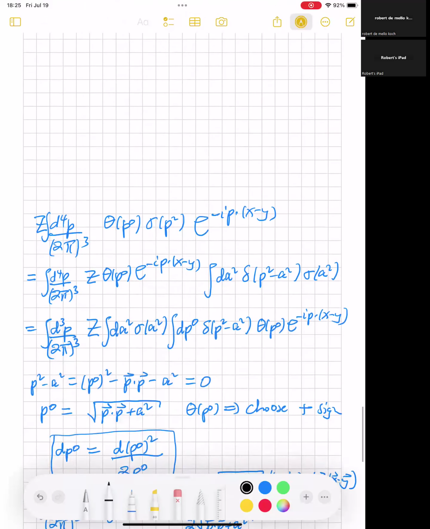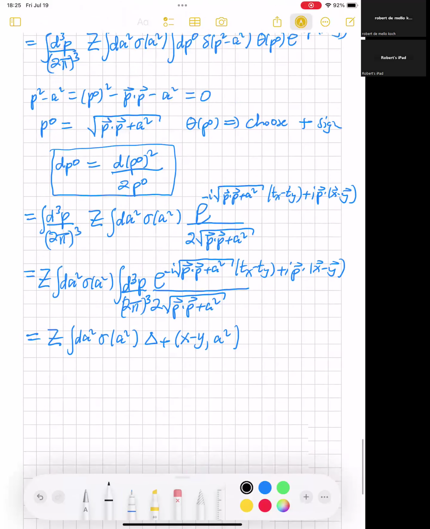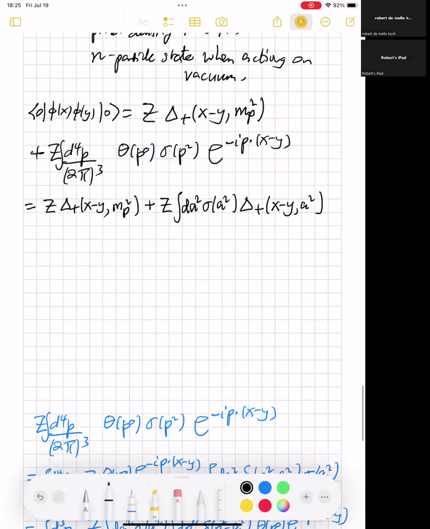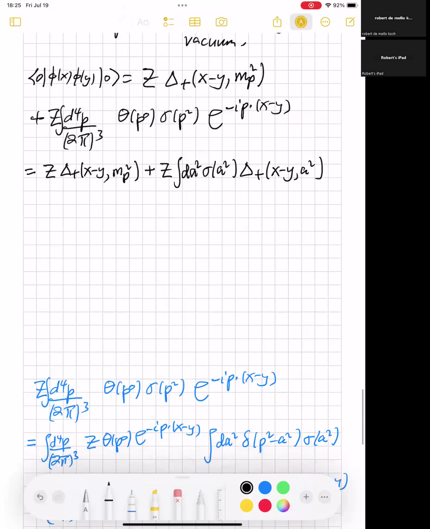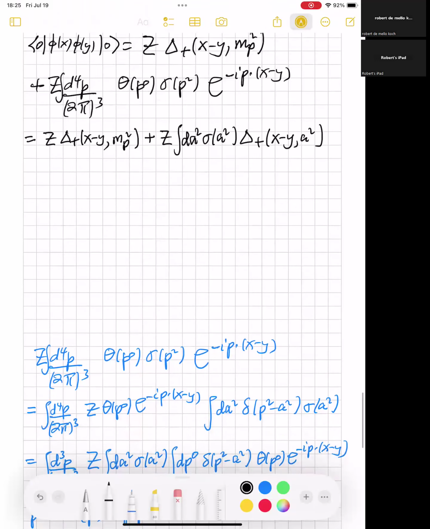Let's just make sure that we didn't mess anything up. No, I think that I got it right. Okay. So this is what we've got for this correlator so far. Now, that's the Wightman correlator, and that's the form that I wanted for the Wightman correlator. Now, I want to use this to write down what is the time-ordered two-point correlation function.